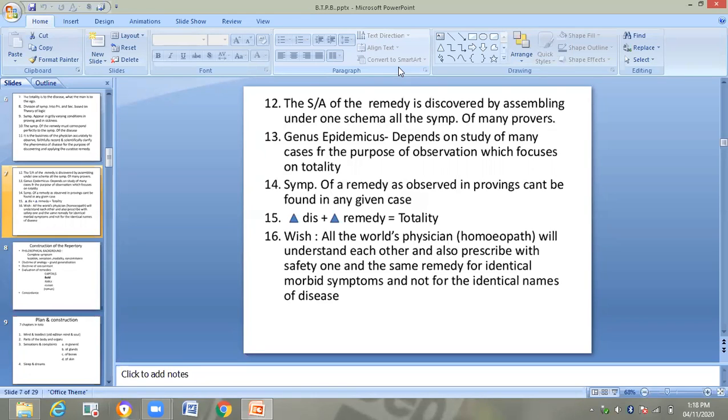Most of the time, by taking the case, we cannot get the proper modalities of each and every symptom or each and every part. So he found that there is a lacuna in finding the proper modalities.